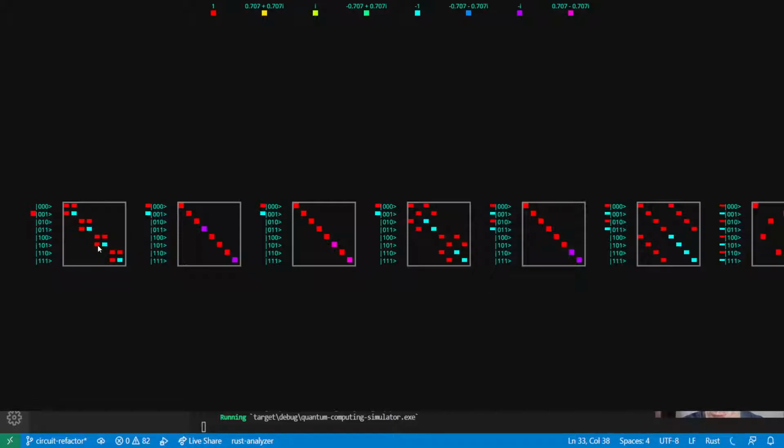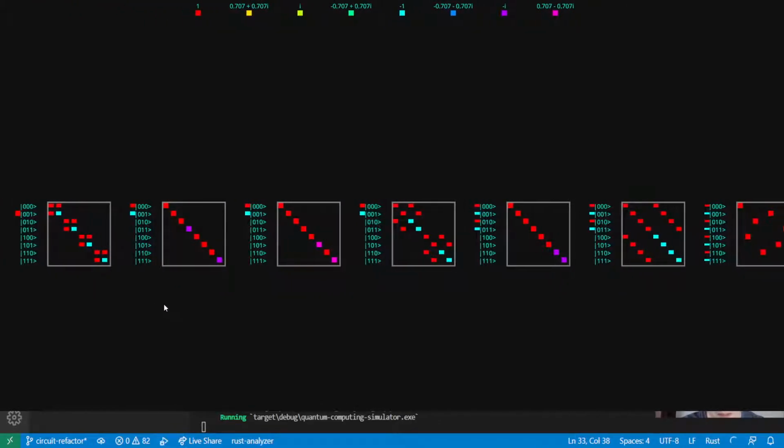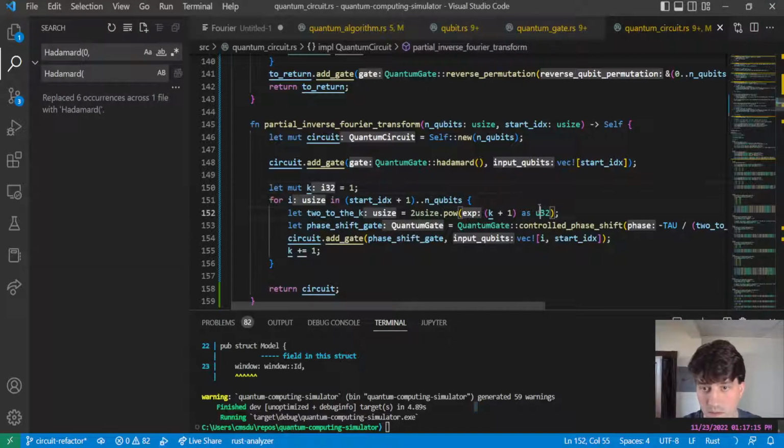Okay, so this is immediately wrong. So we need to do some things with our indices. But Hadamard, rotation. Hadamard, yeah, and these are wrong also. Okay. Where was I? I was in quantum circuit.